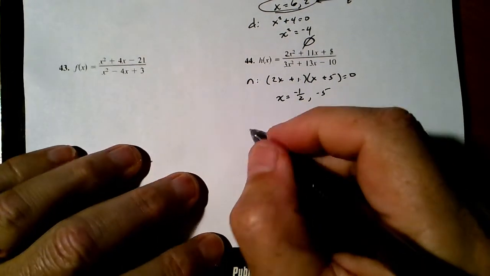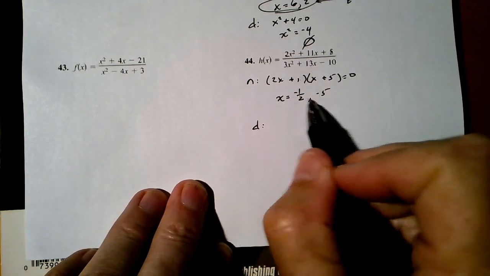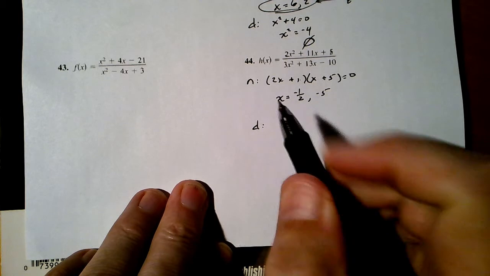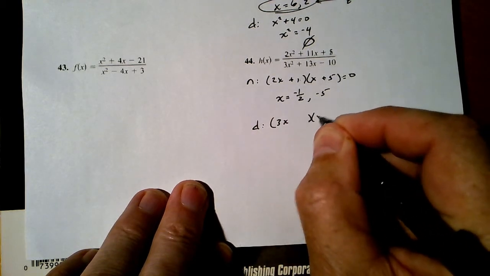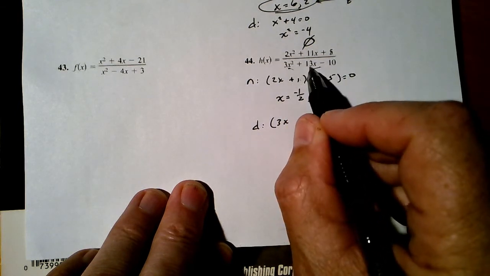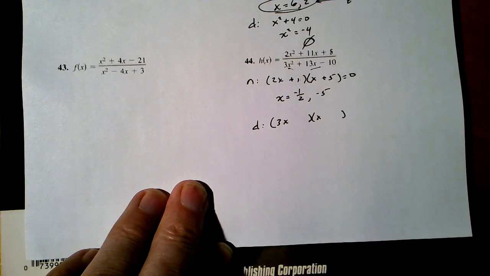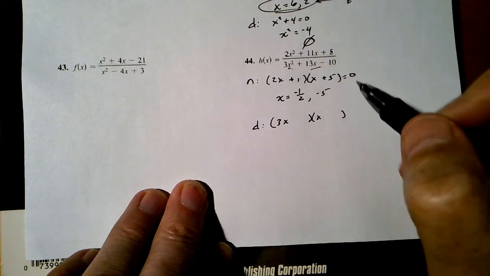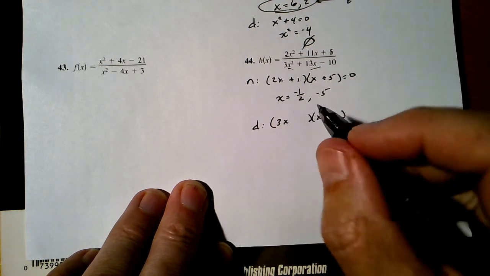Let's look at the denominator, hope it factors. Actually, if it doesn't factor, we've got our answer. It can't be either of these if it doesn't factor. So if it does, it's 3x and x. Factors of negative 30 that add up to be 13, 15 and negative 2. It's tempting to say 10 and 3, but 15 and negative 2 because we're going to have one positive, one negative.